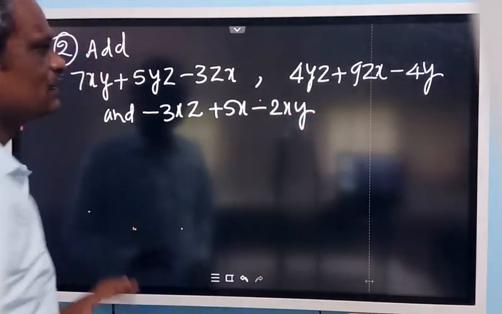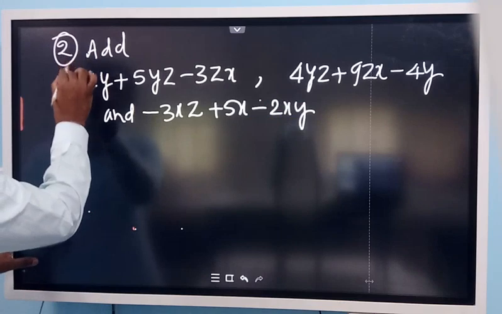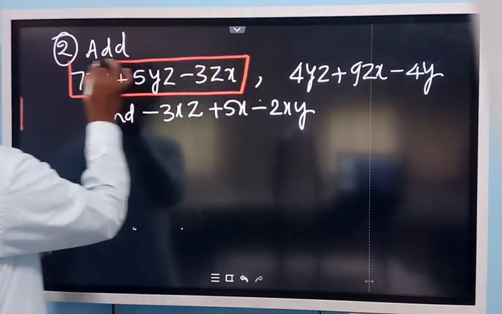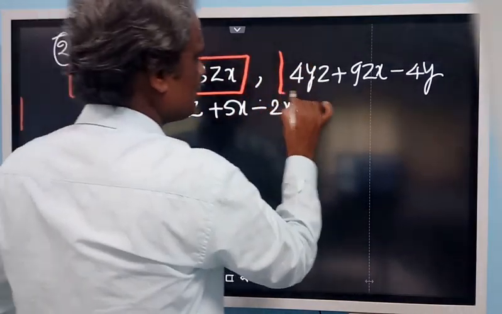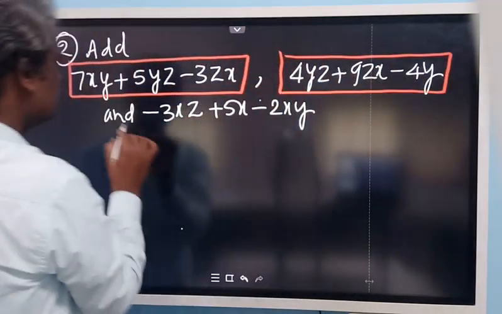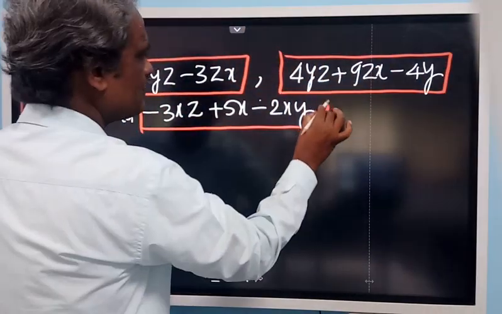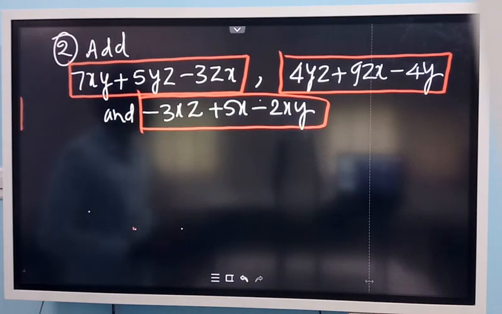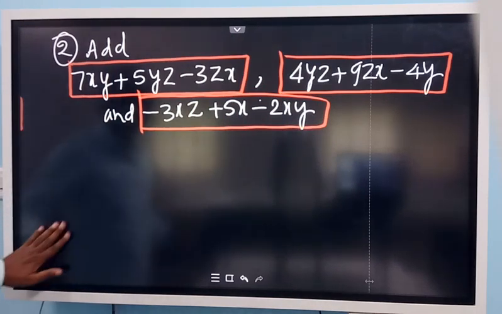So we have three expressions here. This is the first expression, this is the second expression with three terms, and this is the third expression, also having three terms. So let us write one below the other.